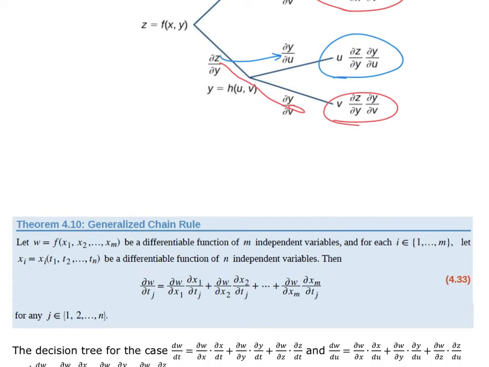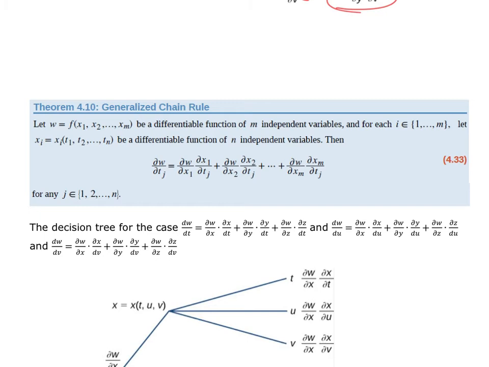So then let's generalize this. This is why tree diagrams are sometimes helpful, so that you can keep track of what's going on. Suppose you have this function w, which is a function of all of these x sub 1 through x sub n, and each one of the x's is in terms of these t's.